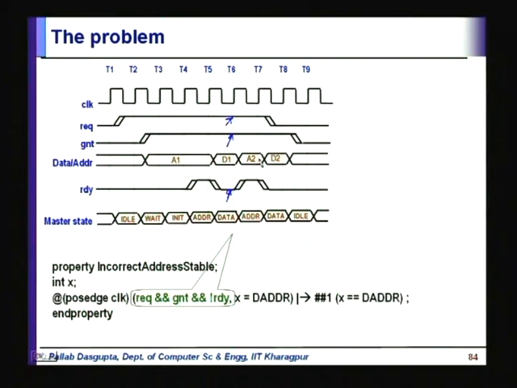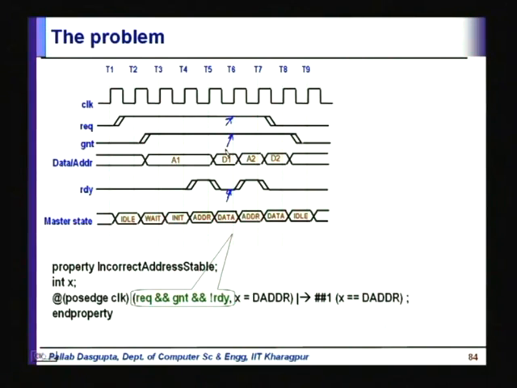So therefore this data does not have to be held for the next cycle, right. There is no need to hold the data for the next cycle. So this is part of the data cycle, and this property has confused between the address cycle and the data cycle. It is true that every address cycle can satisfy this property, but it is also true that this can be satisfied in other places also, like in the data cycle.